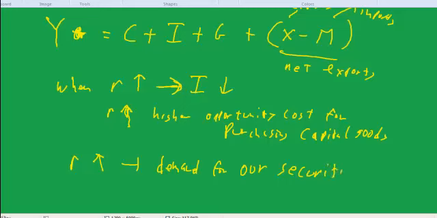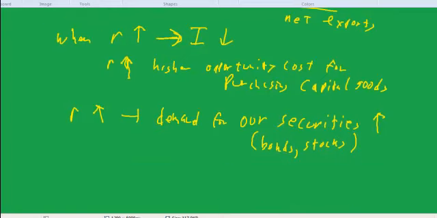And securities are things like bonds and stocks. And I'm going to put, let me put international demand.